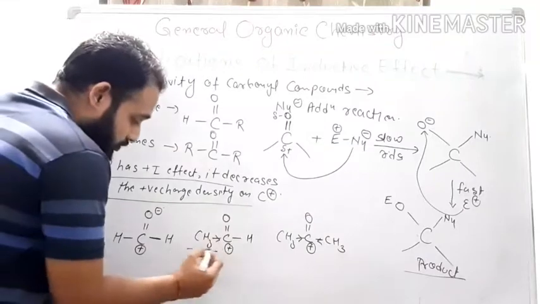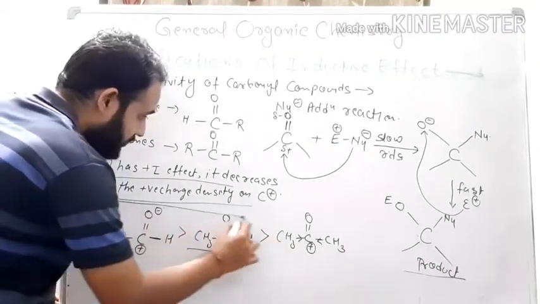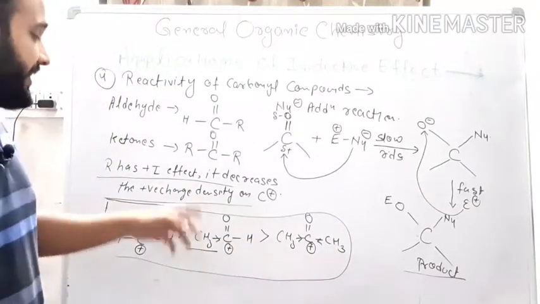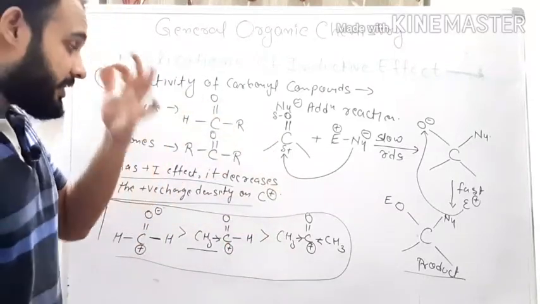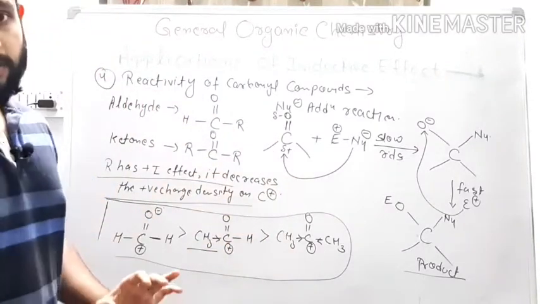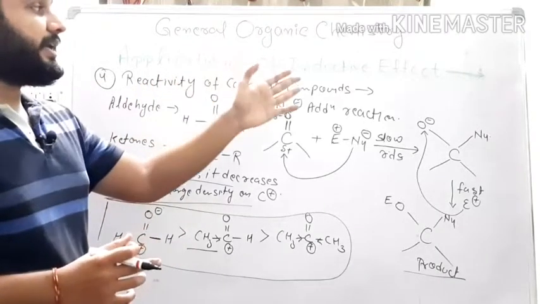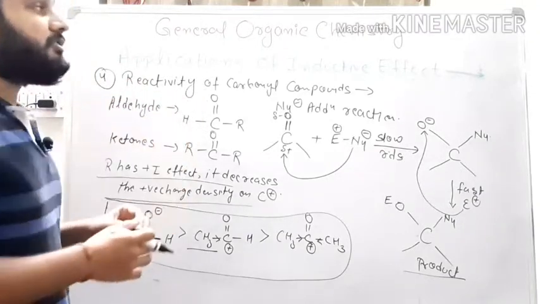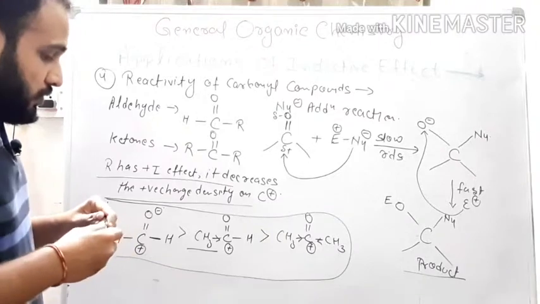So here the reactivity order is this. Formaldehyde is highly reactive compared to acetaldehyde, and acetaldehyde is highly reactive compared to ketone or acetone. Understand friends? So this is the inductive influence on the reactivity of carbonyl compounds.